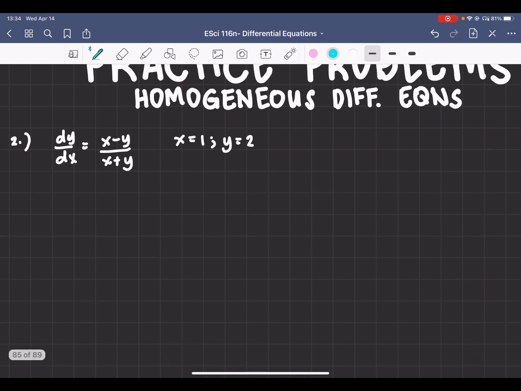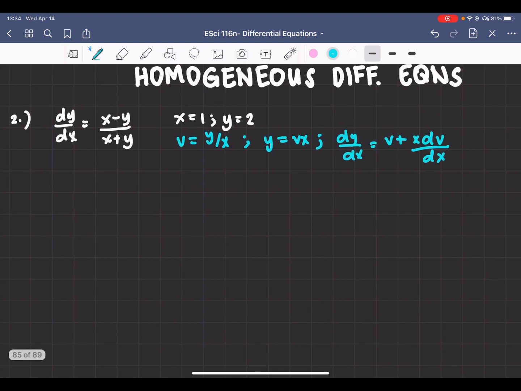So remember, we have our v that's equal to y over x, and our y is equal to vx, and our dy over dx is equal to v plus x dv over dx. So we can directly plug in our values.